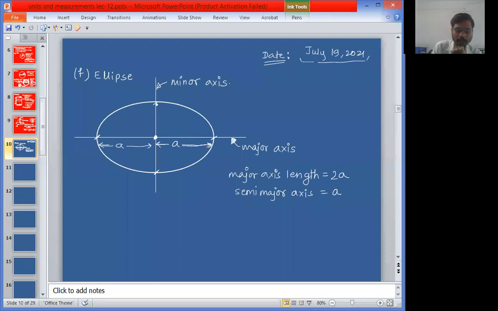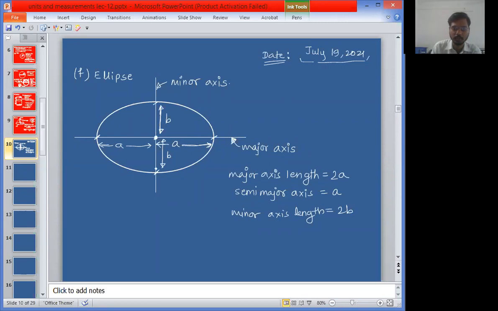Similarly, half the length of the minor axis is called the semi minor axis. That length is taken as b. So the remaining half will also be b. So the total minor axis length is equal to 2b. It is represented by the symbol b, and we have to double it.